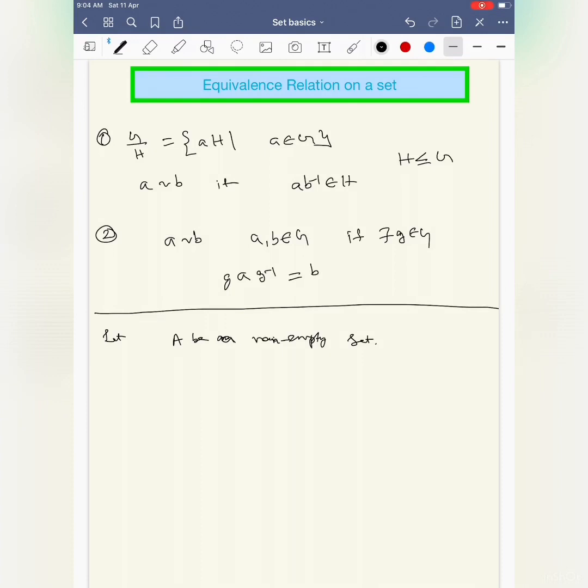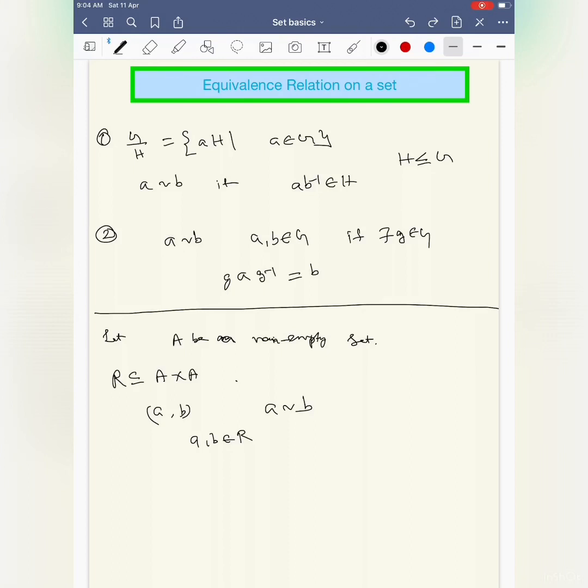A relation means there is a binary relation on A cross A. Let's say R is a subset of A cross A, and a binary relation is, let's say, a related to b, written for (a, b) belonging to R.